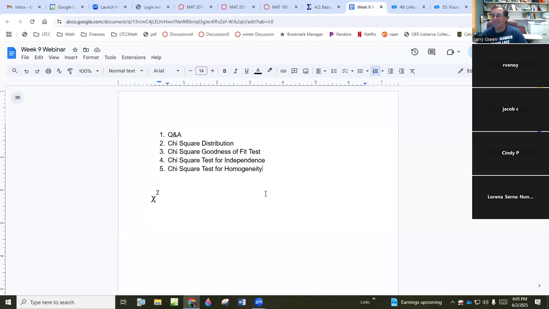Okay, got one that said uniform. What else? There are a bunch. Yeah, the normal distribution. Okay. And the binomial distribution.